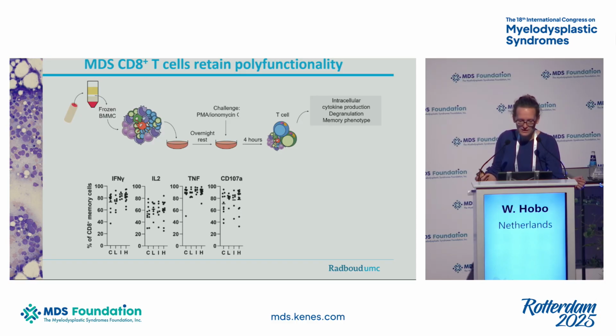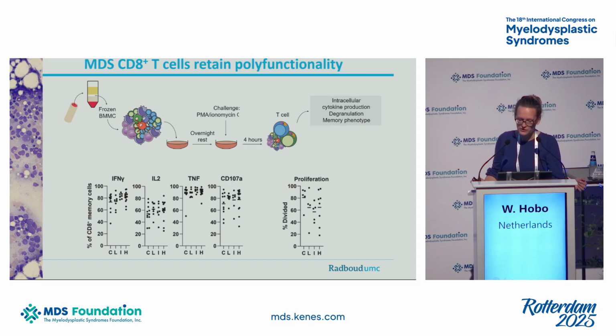And interestingly, here I immediately focus on the memory T cell subsets to correct for potential impact of the skewed differentiation. Looking within the memory T cells of controls, low risk, intermediate risk, and high risk MDS patients, we actually observed very effective production of interferon gamma, IL-2, TNF-alpha, and also degranulation marker CD107A.